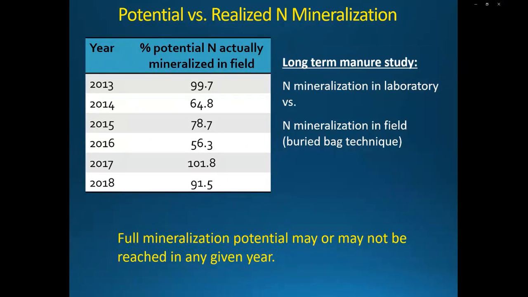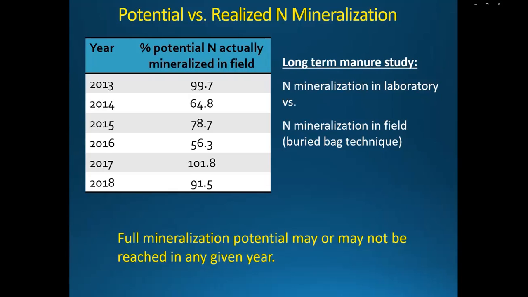So we compared what we found in the field versus what we would measure in the incubation study, as we're considering the incubation study to be the maximum amount of nitrogen that you would expect to be released. And you can see from year to year the ability of the soil in the field to produce the same amount of nitrogen as that in the incubation studies can vary.